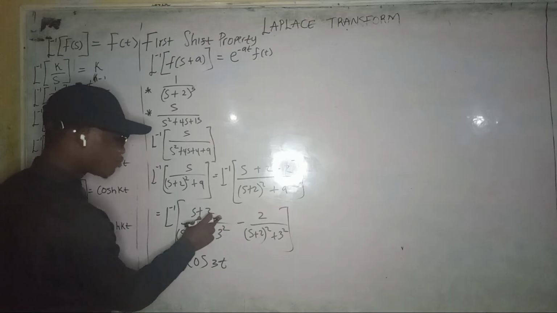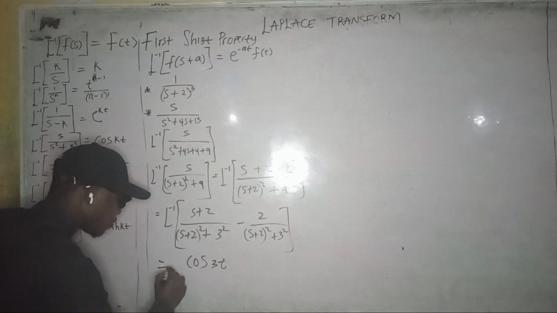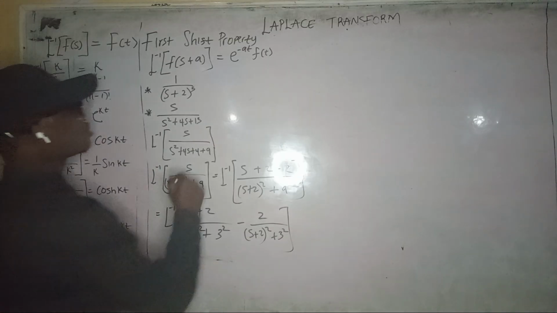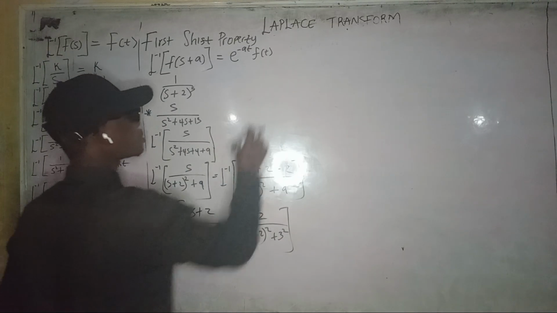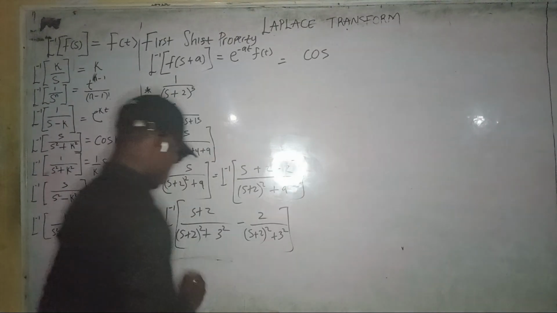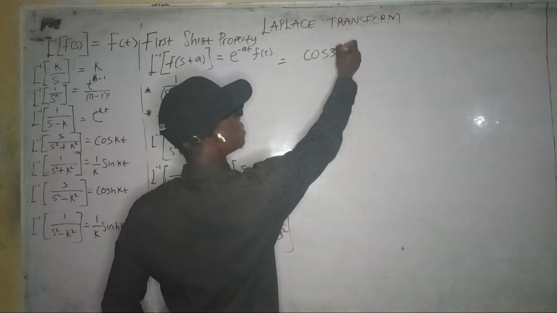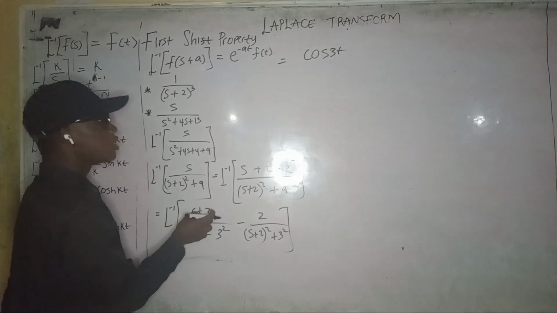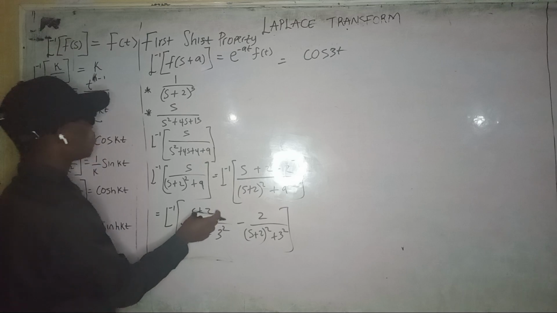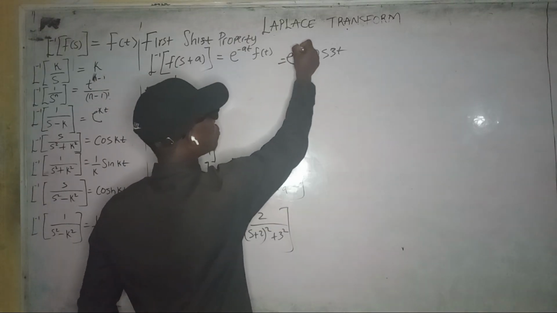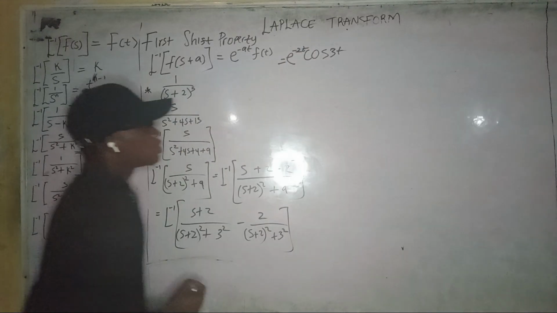But now, if we have plus 2 here, we are going to put in our e raised to the power minus 2t. That is, without the plus 2 we have cos 3t, and if we now put in the plus 2, we put e raised to the power minus 2t into it.